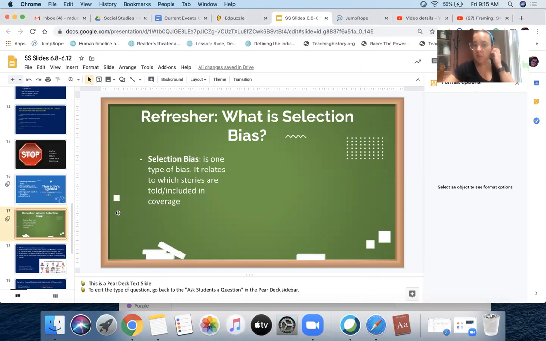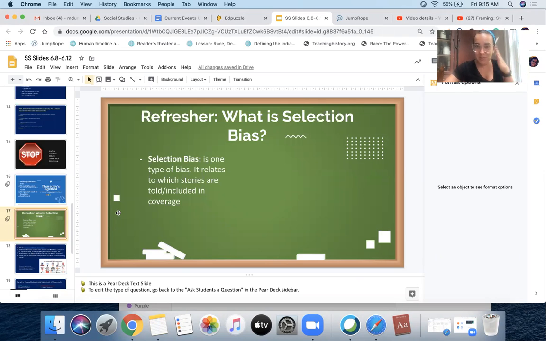Selection bias relates to which types of stories are being told or included in coverage as a whole. So rather than looking at an individual story, you're looking at which ones are prioritized, which ones that channel spends more time focused on, all of that.